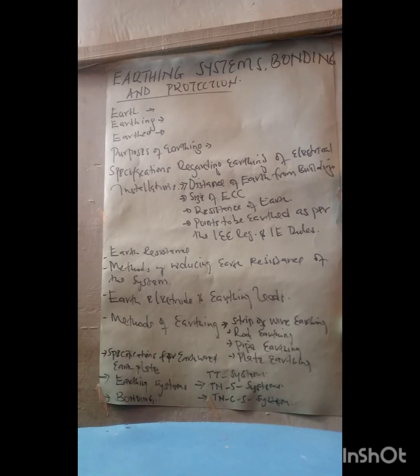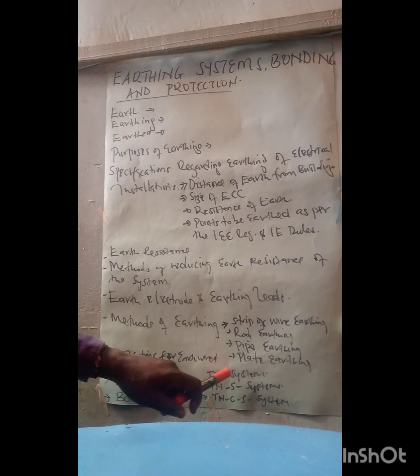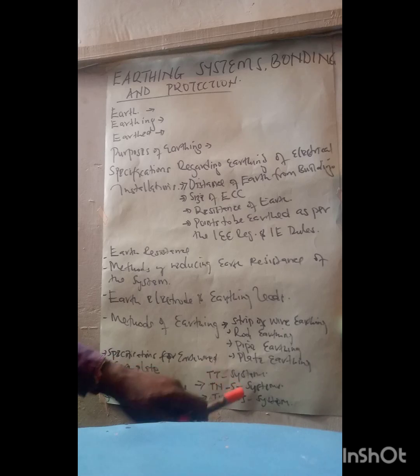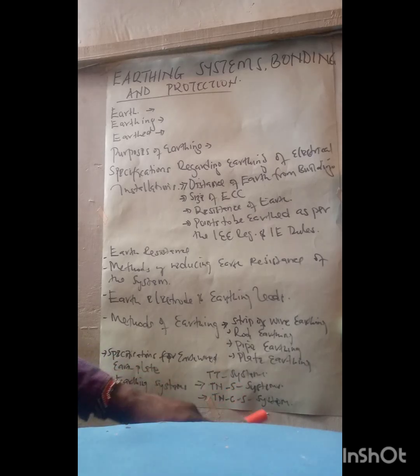Another thing we look at is specifications for earth wire and earth plate. Again, we look at earthing systems, and this is the TT system, the TN-S system, the TN-C-S system, and lastly we'll wind up by bonding.